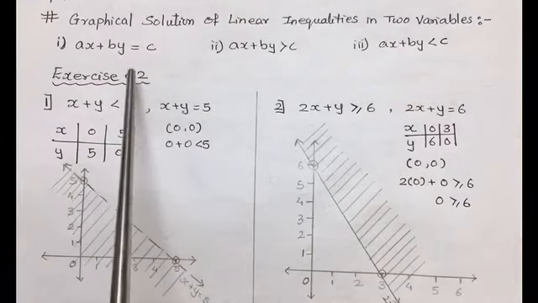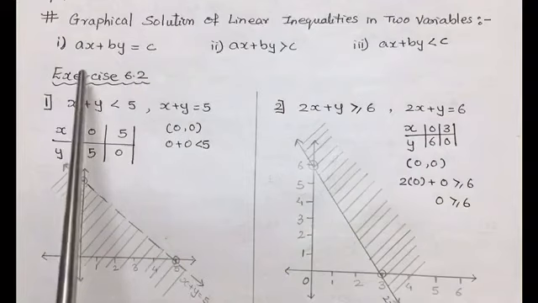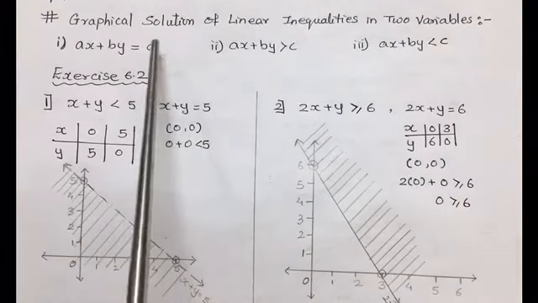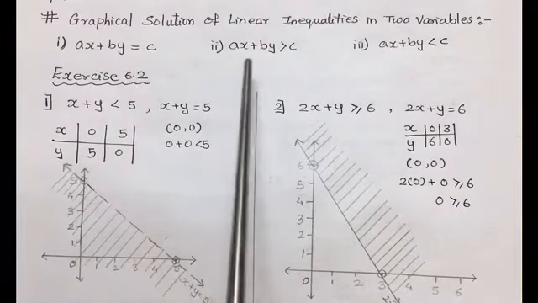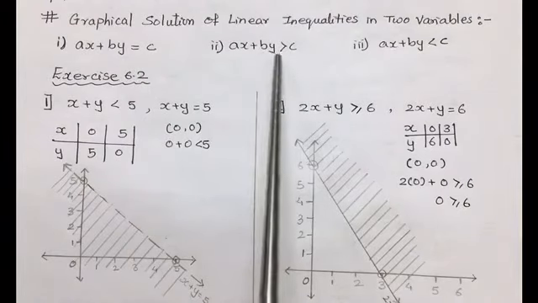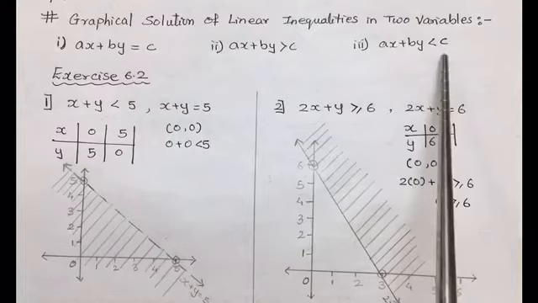So there will be three types of lines given here. ax plus by equal to c, that is the equality. ax plus by greater than c, one of the inequalities, and ax plus by less than c.